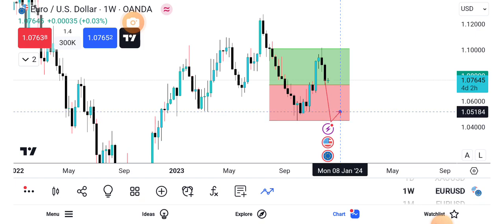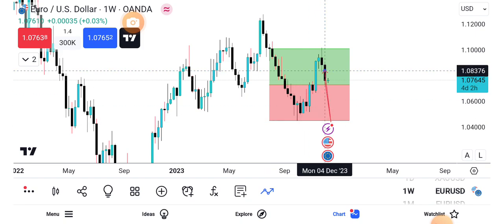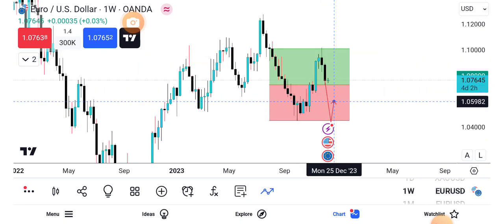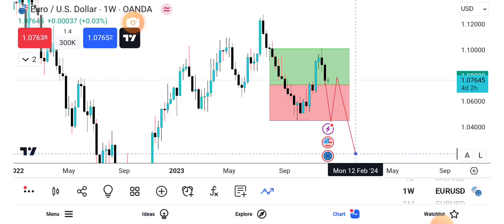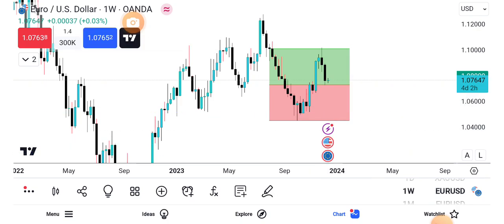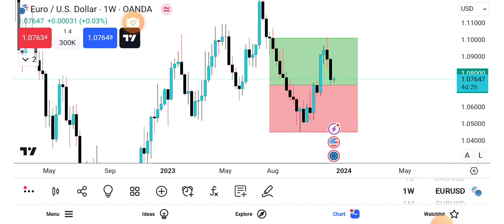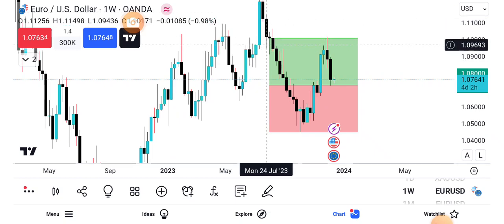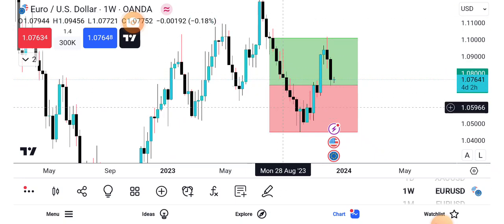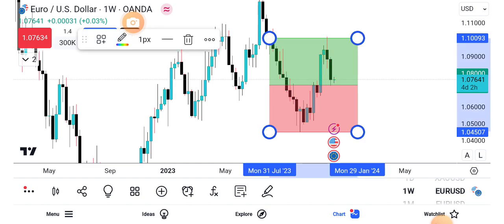Again, the market will retrace using this price leg from this low to this high, then the market will retrace to premium, then also continue lower. So that's how we use premium and discount. But for now there's no need, because we had already tapped into premium using this price leg. So we are bearish for Euro USD.